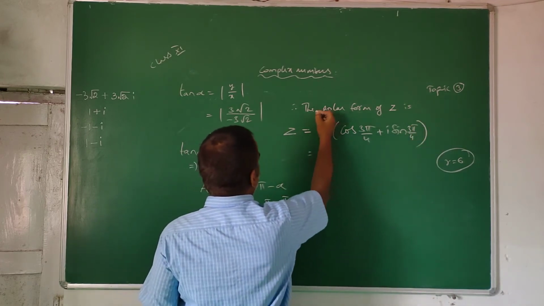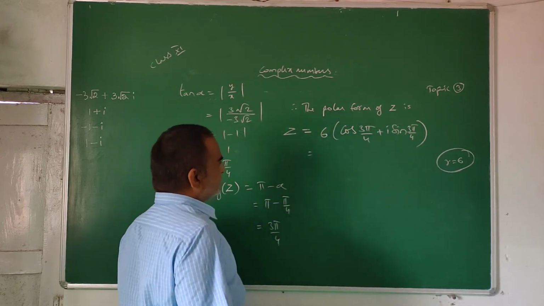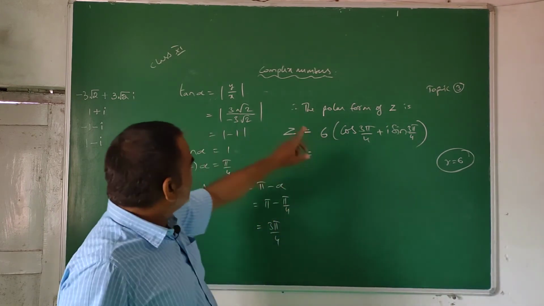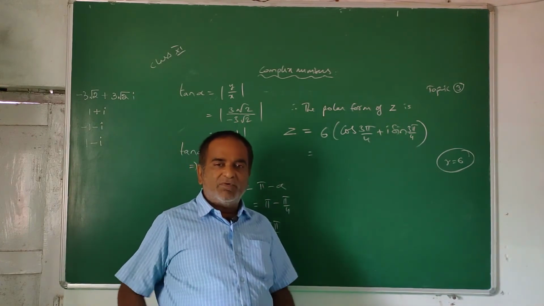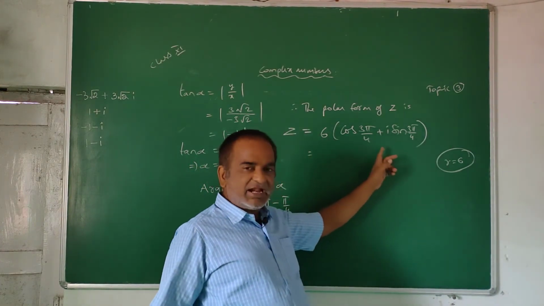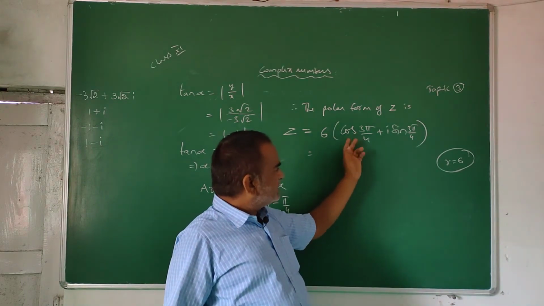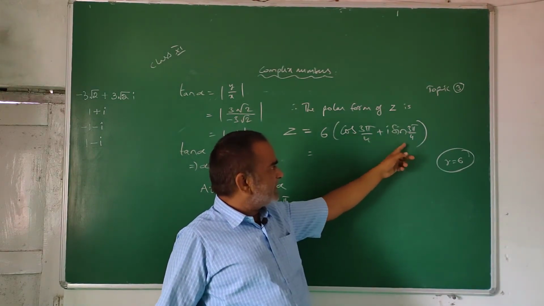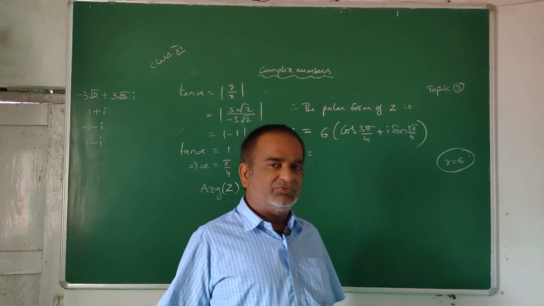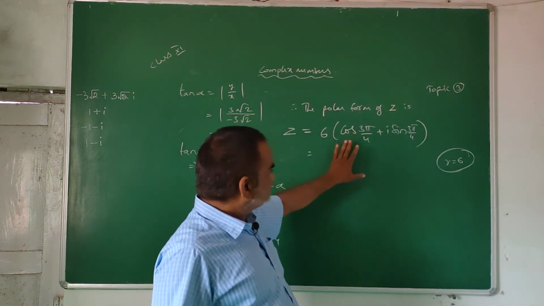So you can put 6 into cos 3 pi by 4 plus i sin 3 pi by 4. This is the polar form of the given complex number. Did you understand? If you want, in another step, you can substitute the values of cos 3 pi by 4 and sin 3 pi by 4. Understood?